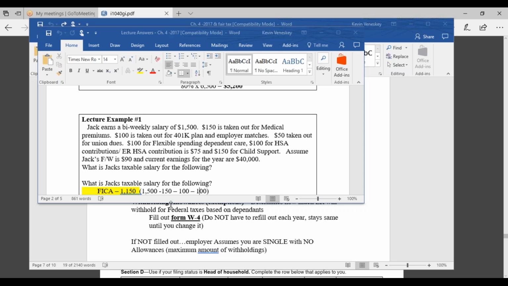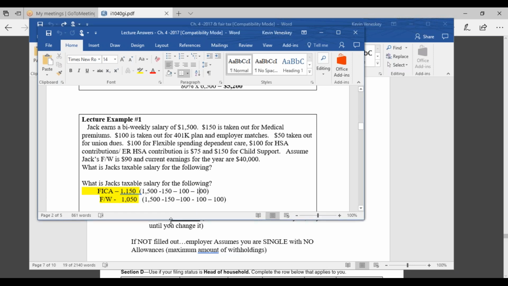And then for federal, it's the exact same as the FICA, except you get one extra item on here, and that's the 401k plan. This is the amount that we would actually multiply by 6.2%. This is the amount that we would actually look up to see what the tax is on $1,050.